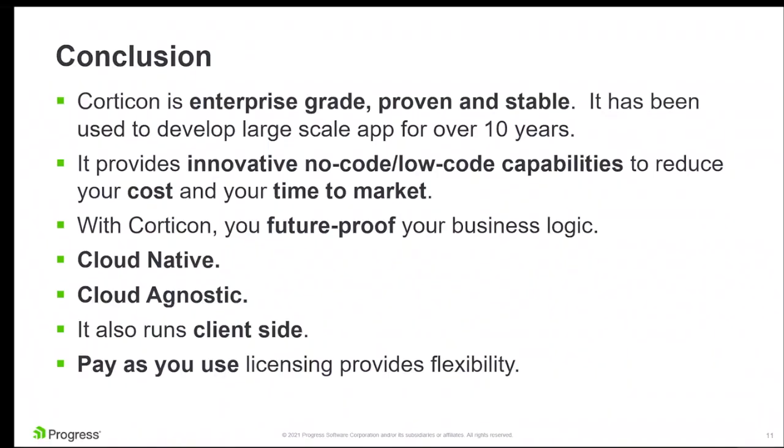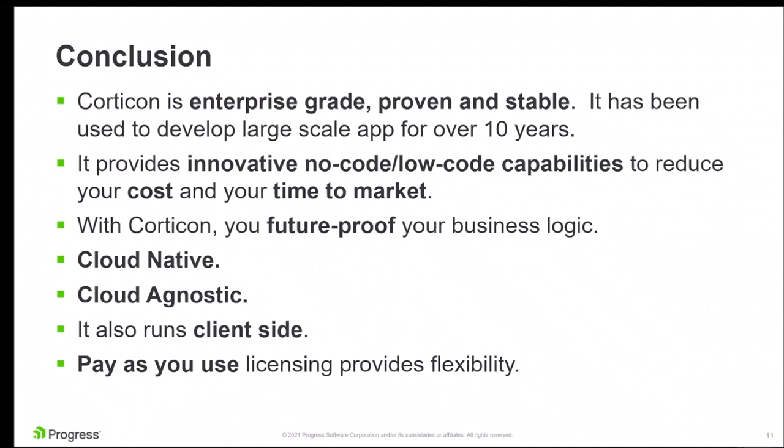In conclusion, Corticon is an enterprise-grade, proven, and stable product. It has been used to develop large-scale apps for over 10 years, and it provides innovative no-code, low-code capabilities to reduce your cost and your time to market.